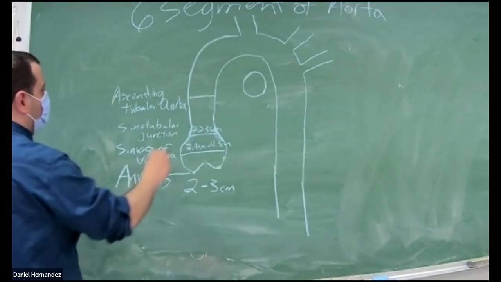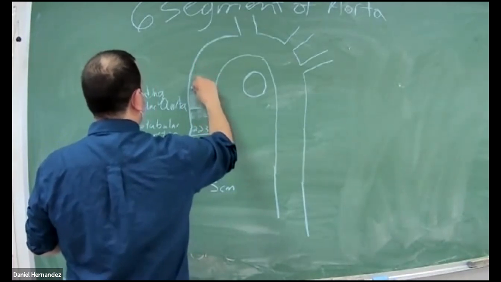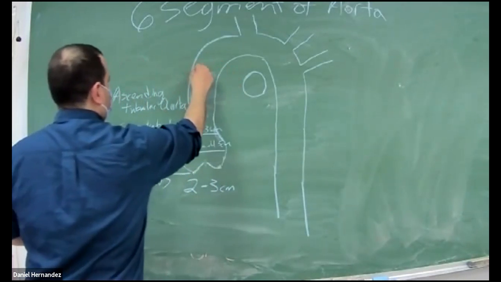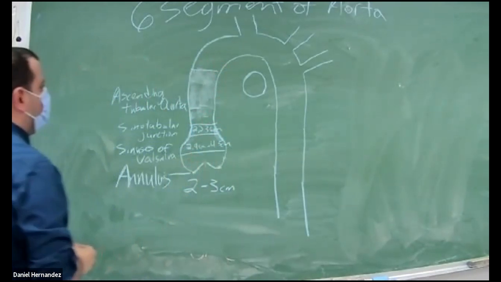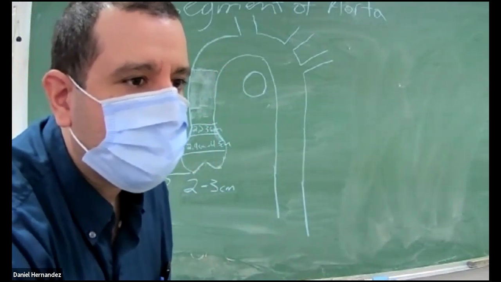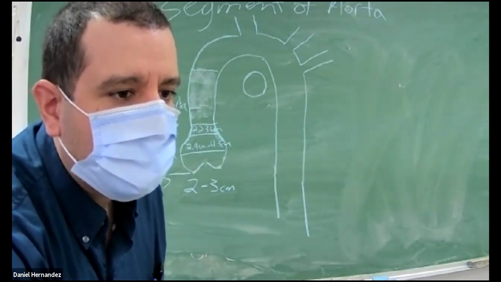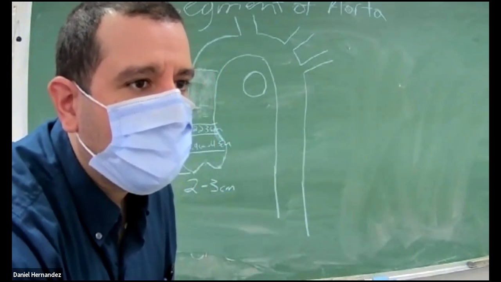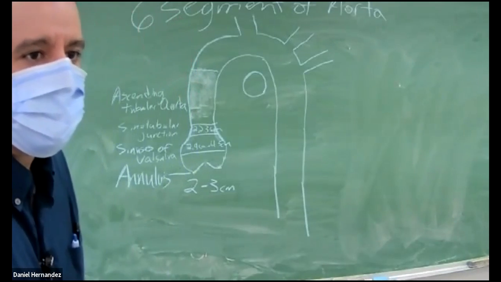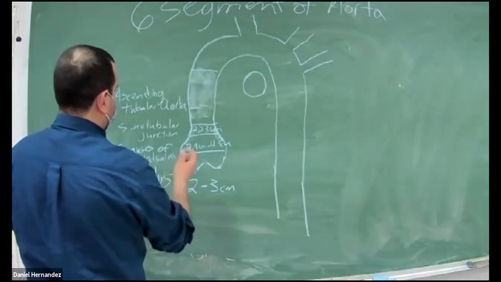The ascending tubular aorta is the whole section from the sinotubular junction, where the diameter becomes uniform again, going up to the arch.